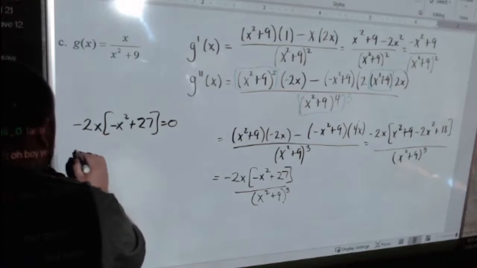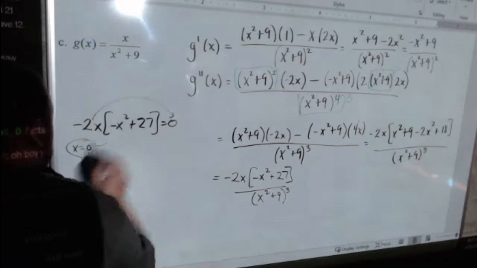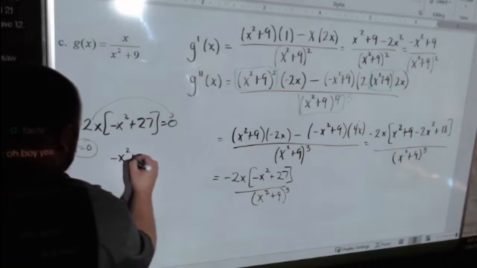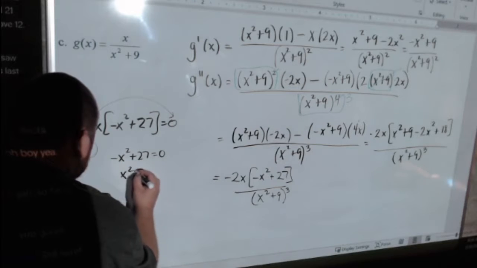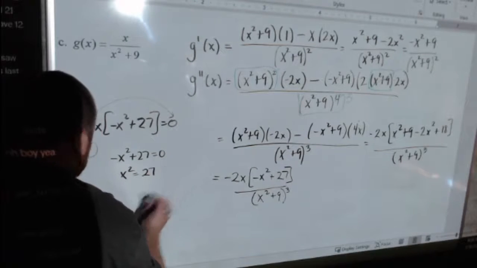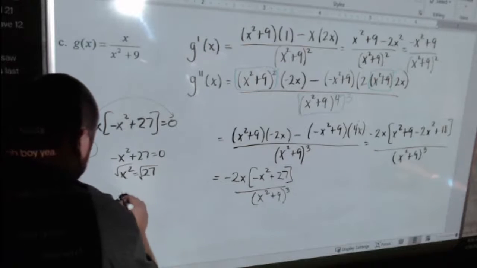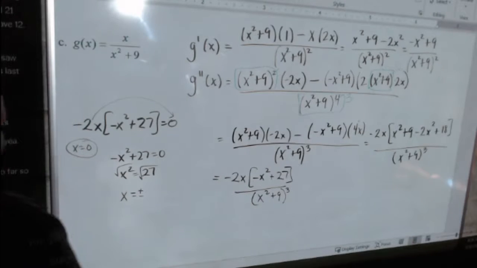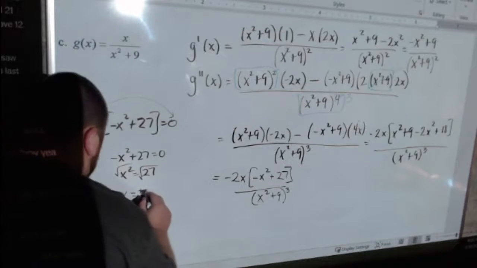This is going to give me x equals 0 from my outside here, and then minus x squared plus 27. Let's solve that. Now, the square root of 27, that's going to be what, 3 root 3?